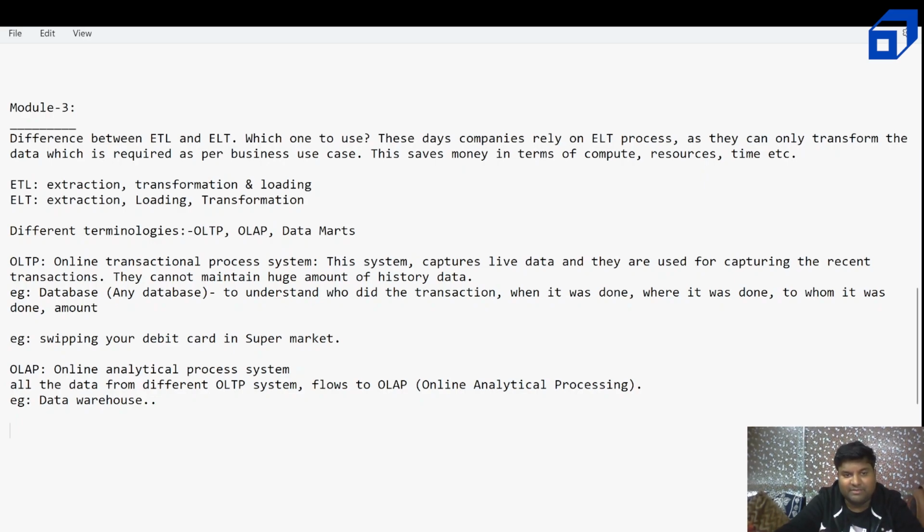Once a certain timeline is crossed, let's say one month or bi-weekly, all that data is moved to the data warehouse. So you flush it and fill it in your data warehouse. All the history data is maintained in a data warehouse. Again, it depends on the company how much history they need to maintain. But the history data for all the different OLTP systems is maintained in a data warehouse.